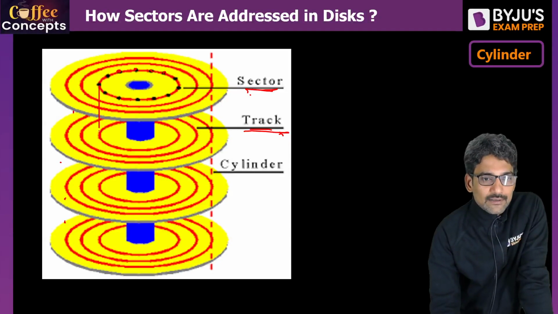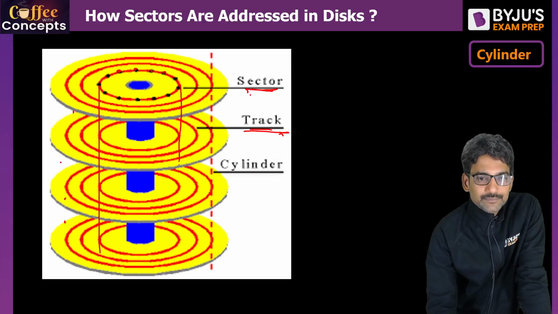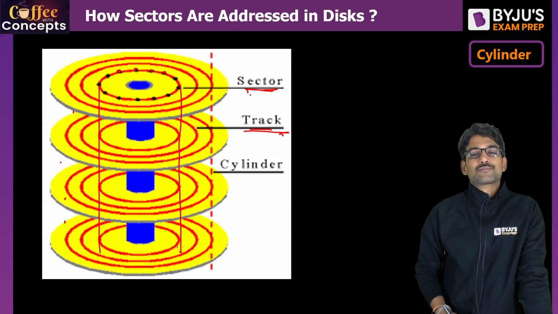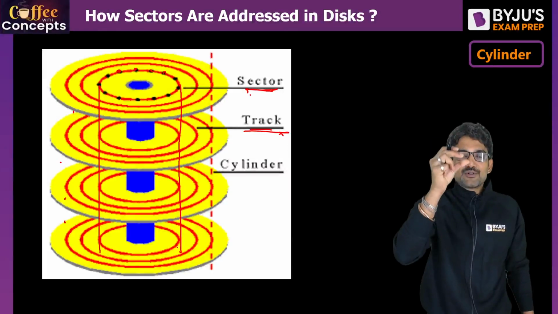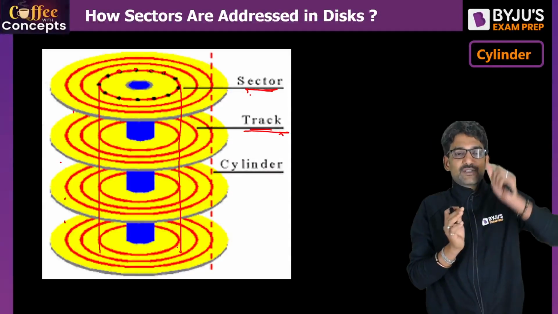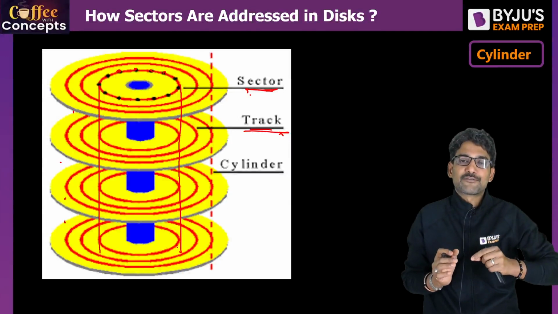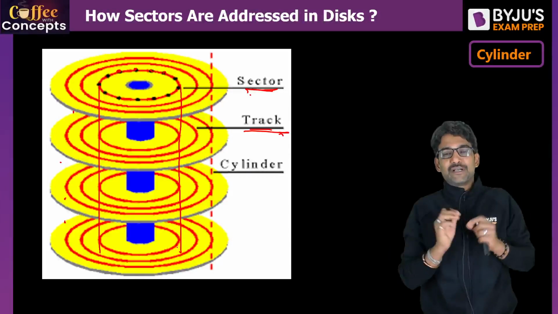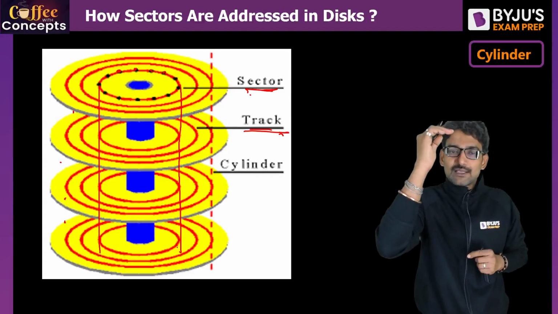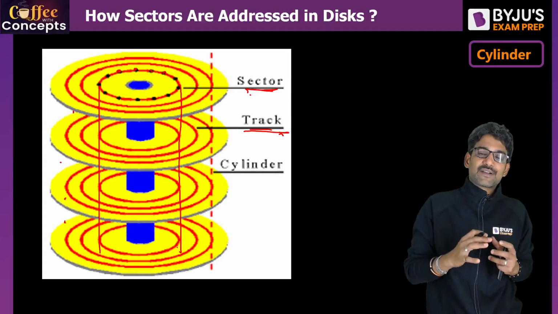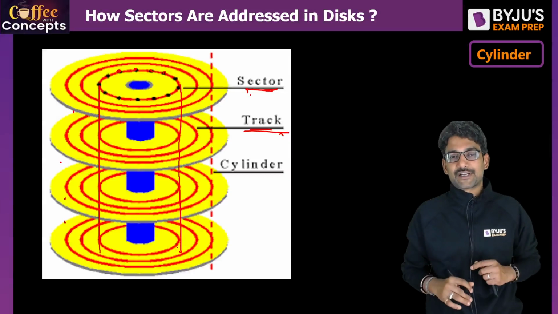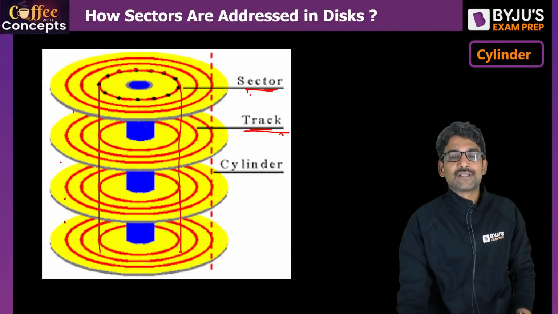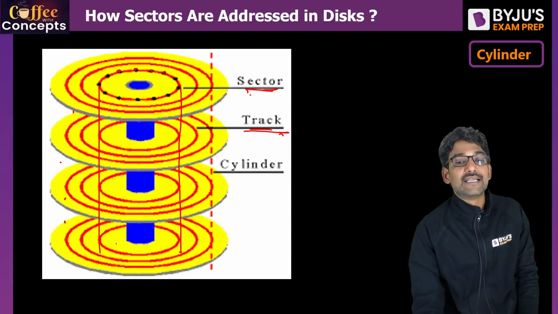All the innermost tracks together, one track from every surface, with the same diameter. If it is the first track on the top surface, it is the first track on every surface. All such tracks together, you call a cylinder.